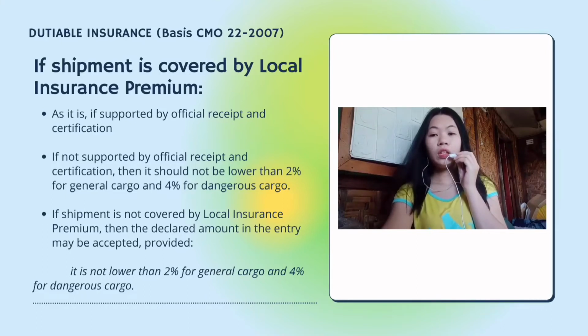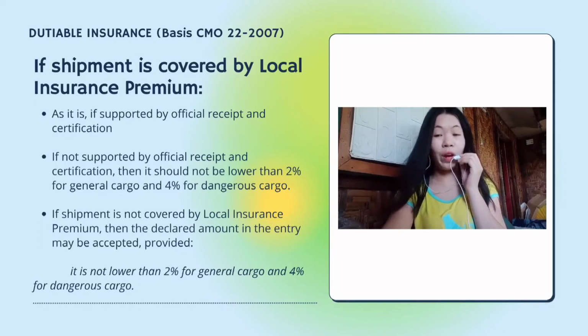The next one is if shipment is not covered by local insurance premium, then the declared amount in the entry may be accepted but provided it is not lower than 2% for general cargo and 4% for dangerous cargo.